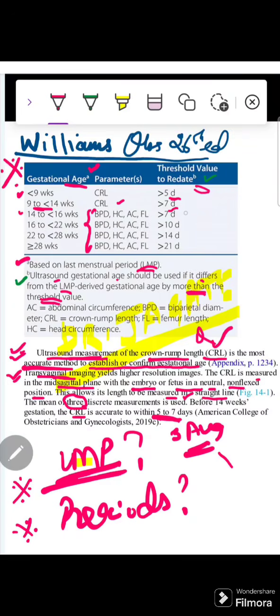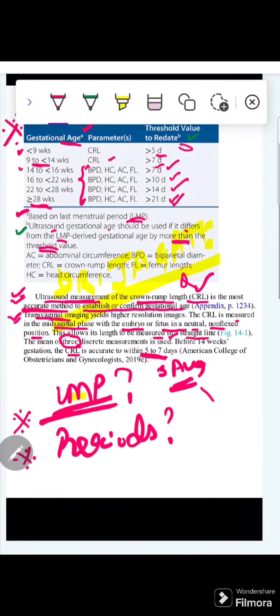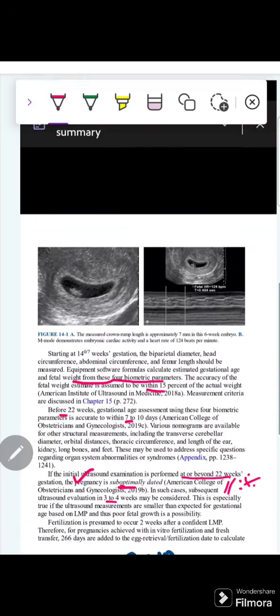Between 14 to 16 weeks, if the difference is more than 7 days, then you are going to take the ultrasound dating. If it is 16 to 22 weeks and the discrepancy is more than 10 days, then you will use ultrasound dating. Then 22 to 28 weeks, more than 14 days. More than 28 weeks, if there is a discrepancy of more than 21 days, then you are going to take the ultrasound dating. Remember that the earliest scan is always the best scan for dating.